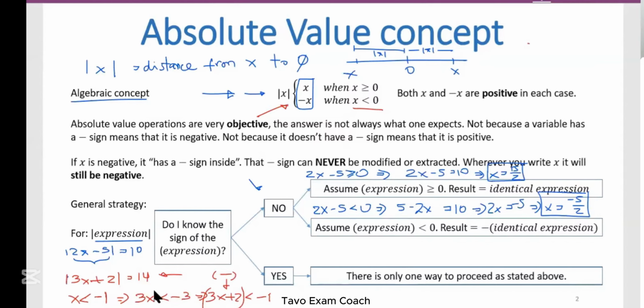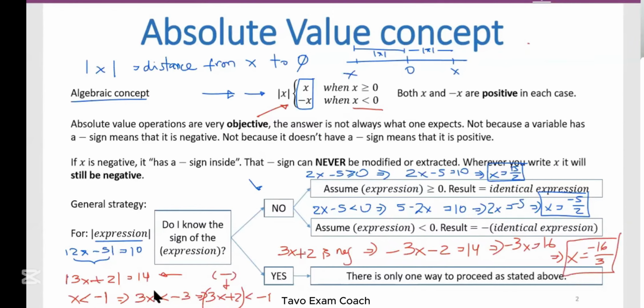The absolute value of 3x plus 2 would be, because 3x plus 2 is negative, then the equation becomes minus 3x minus 2 equals 14. Okay, so from here we know that minus 3x equals 16, and x would be minus 16 over 3. And that would be the answer, okay, to this problem.